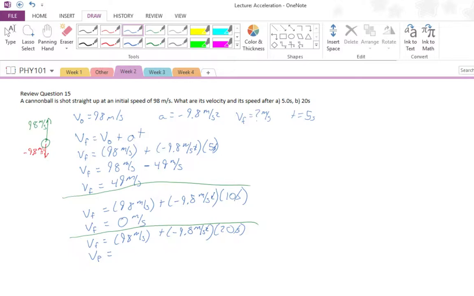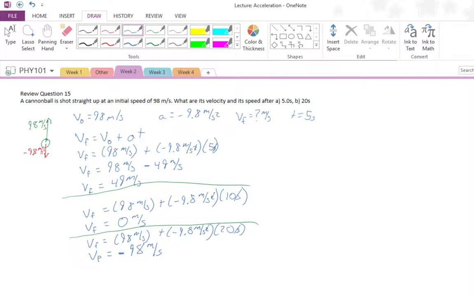And our velocity final is going to be equal to 98 minus 9.8 times 20, and there we have it. So after 20 seconds, its velocity is going to be negative 98 meters per second.